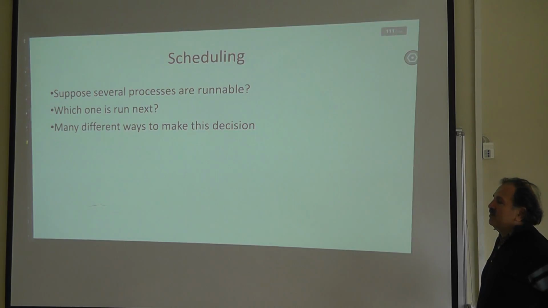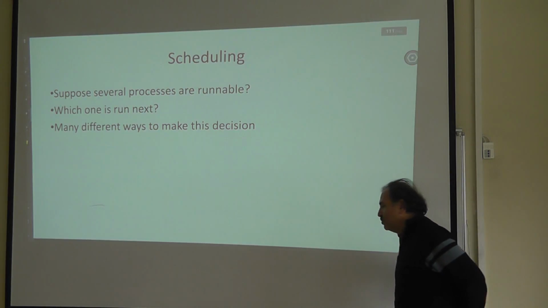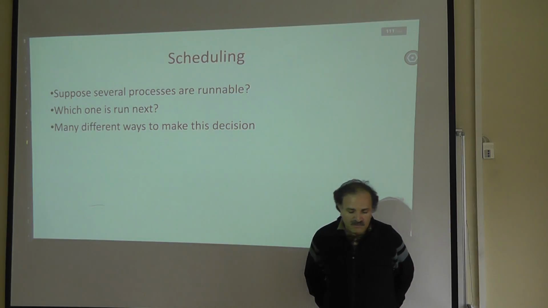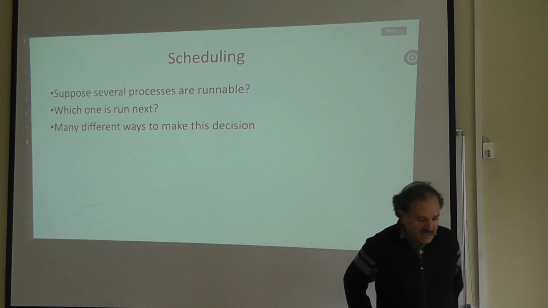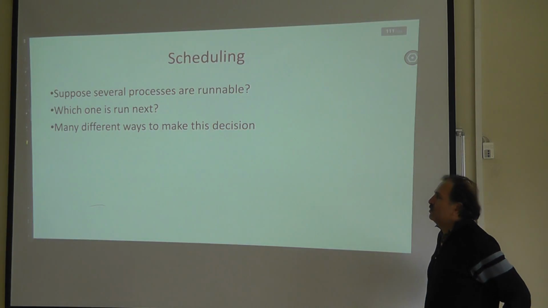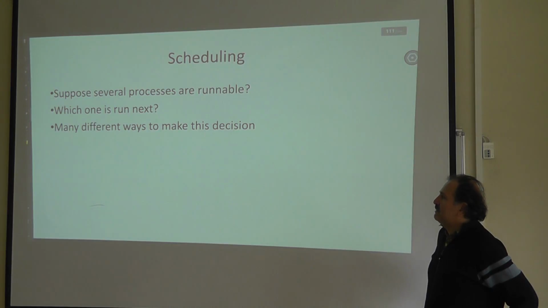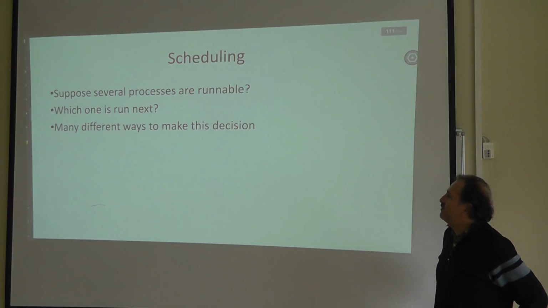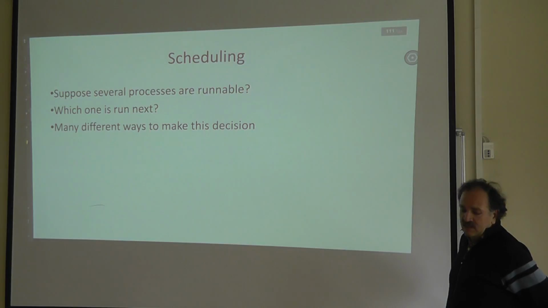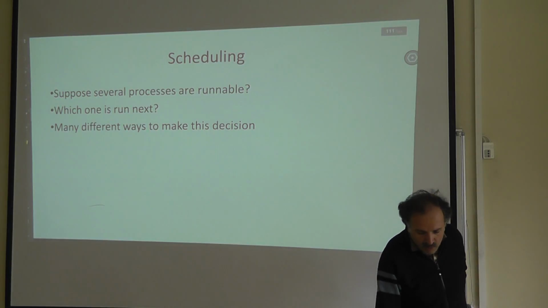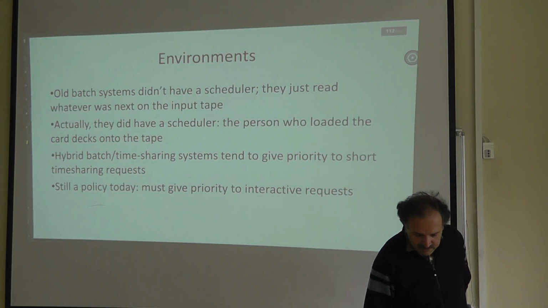I would say that if efficiency is my concern, then I would make a different decision. If interactiveness is my concern, then I would choose something else. So many different ways to make this decision in the scheduling. Scheduling is a very complicated, very detailed task actually.